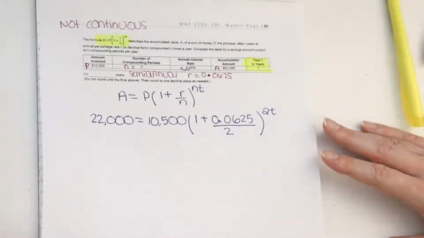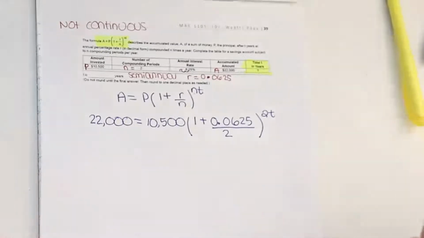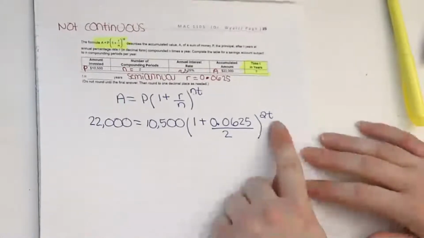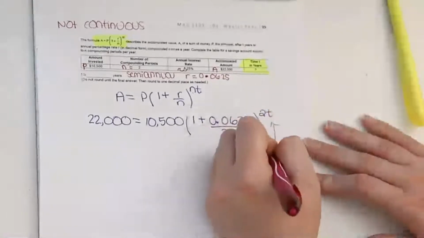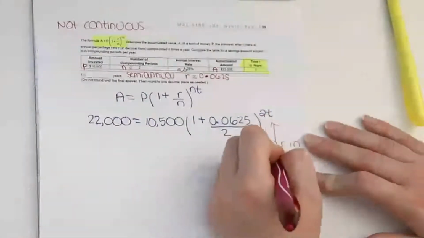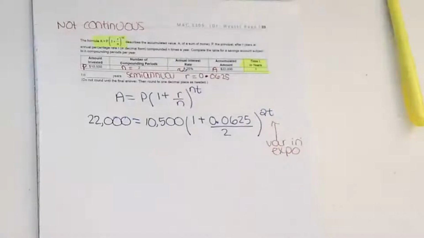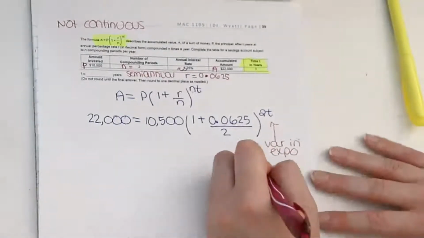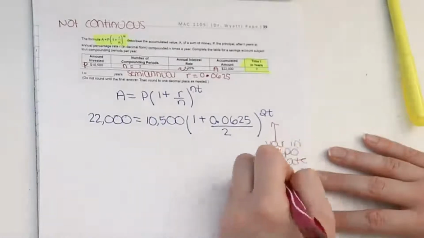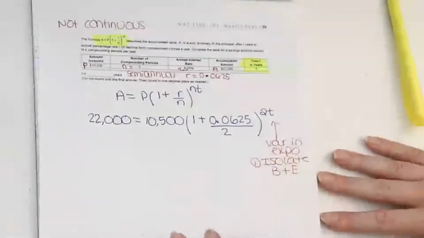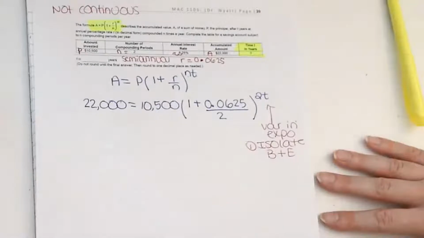Okay, so that's our setup for the equation, and now we have to identify where our variable is. So our variable is in the exponent. So we write out our equation and then we say, okay, our variable is in the exponent. And so what we want to do is undo our PEMDAS as much as we possibly can by isolating the base plus the exponent.